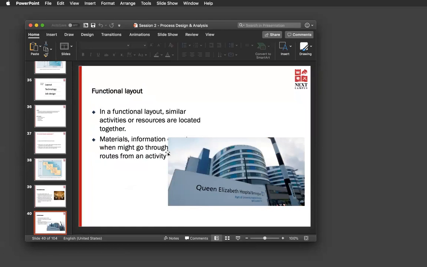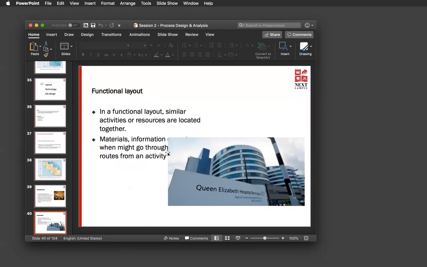Probably the eyeglasses per se would be customized, but the frame would not be customized. The frame would be churned out in a batch. So that's a function. Now, affixing the lenses to the frame, it's a common activity.